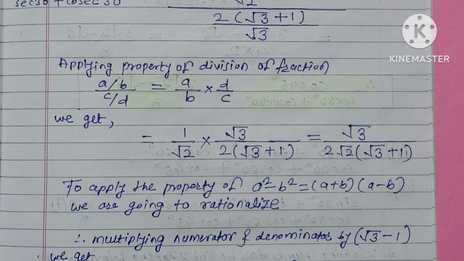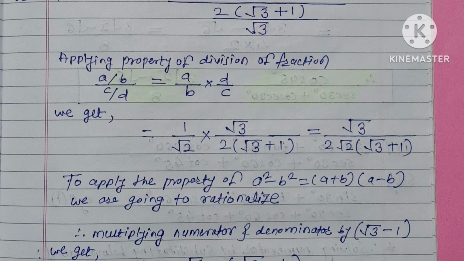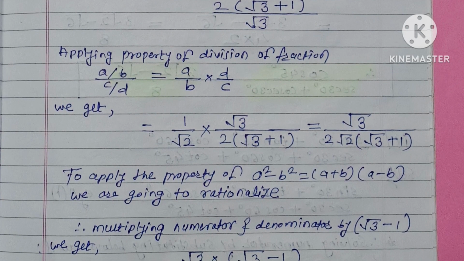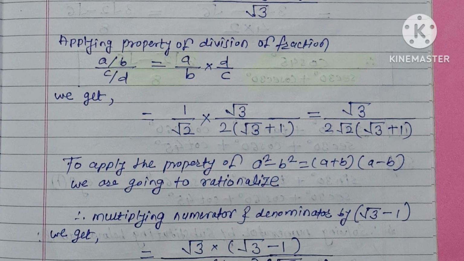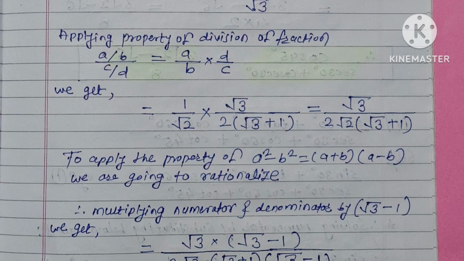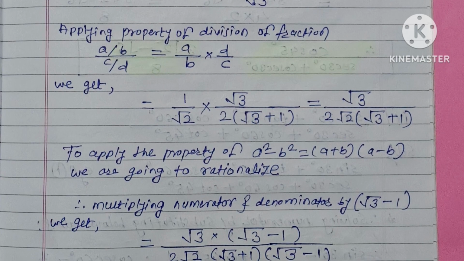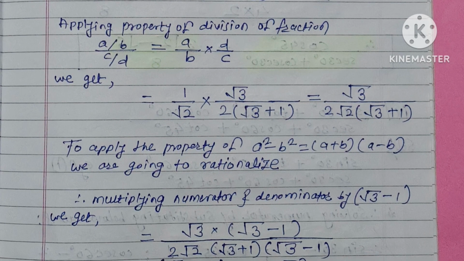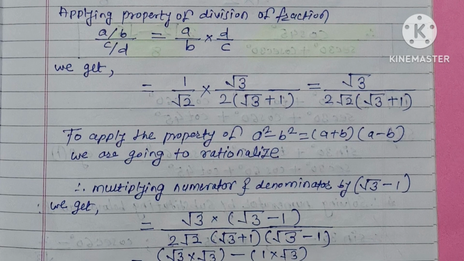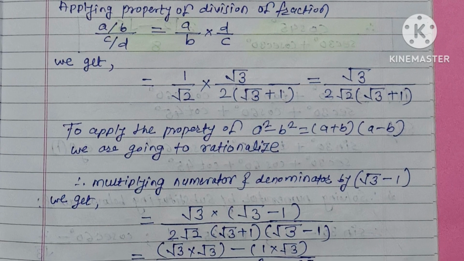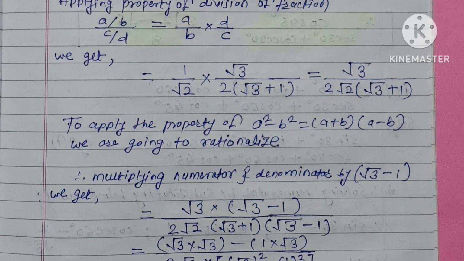Now here we have to apply the property of a square minus b square. So we have to make the arrangement in such a way that a plus b into a minus b is obtained. So we can apply the property of a square minus b square, due to which we are multiplying the numerator and denominator by under root 3 minus 1.